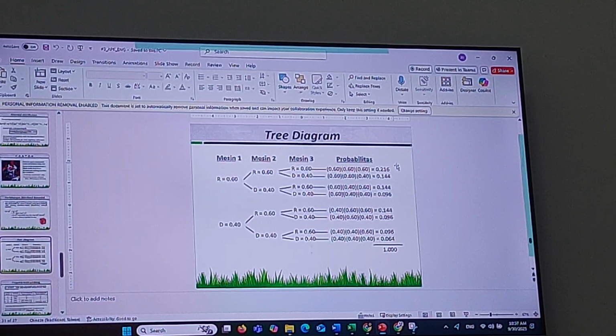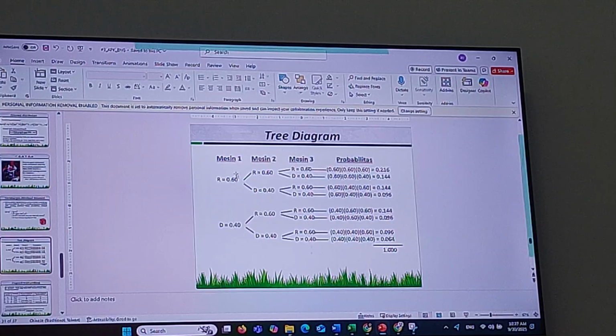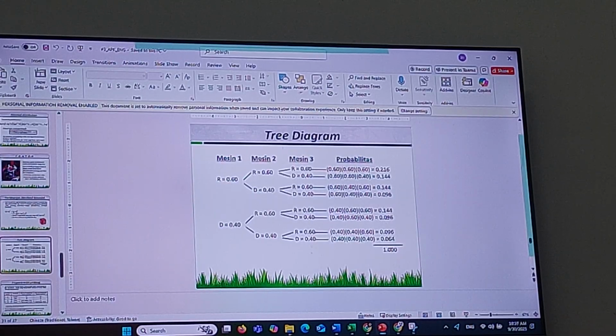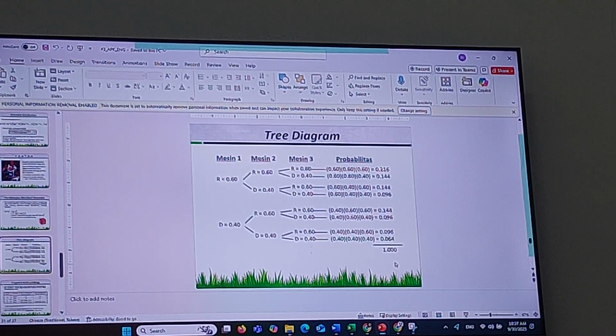Correct? And then first machine is running, second also running, and the third is idle for the one time. So the probability is continue one by one until the total of the formula is 1.